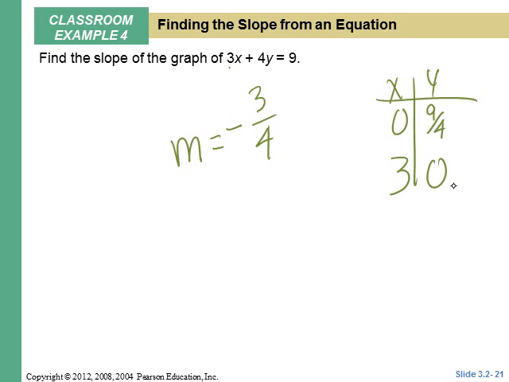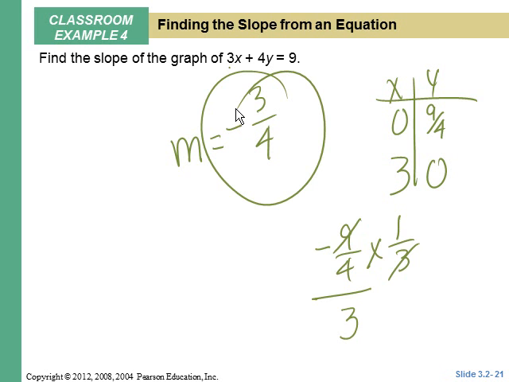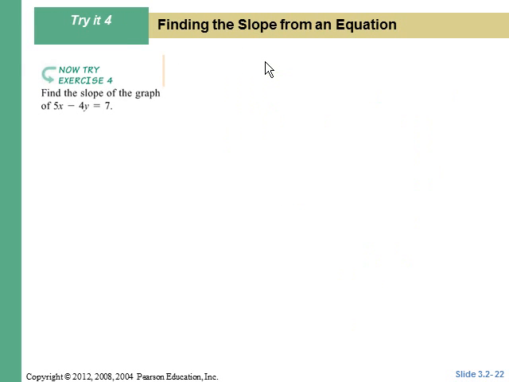So our slope is 0 minus 9/4, which is -9/4, over 3. -9/4 divided by 3 is the same as 9/4 times 1/3. Cancel, you get -3/4. Don't you see that it's much easier to do it just by looking at the equation if it's in the standard form? You find the slope of this line.